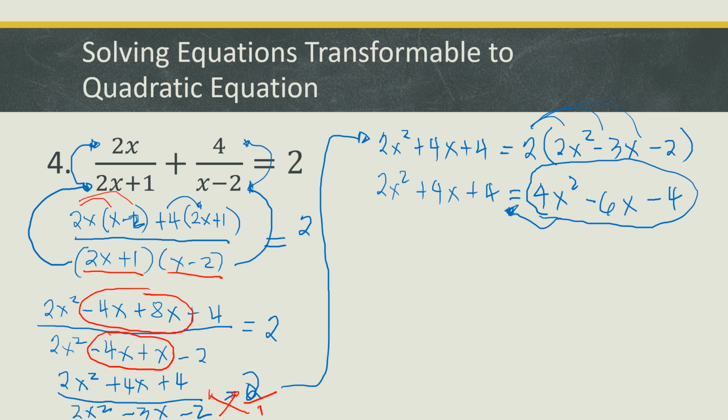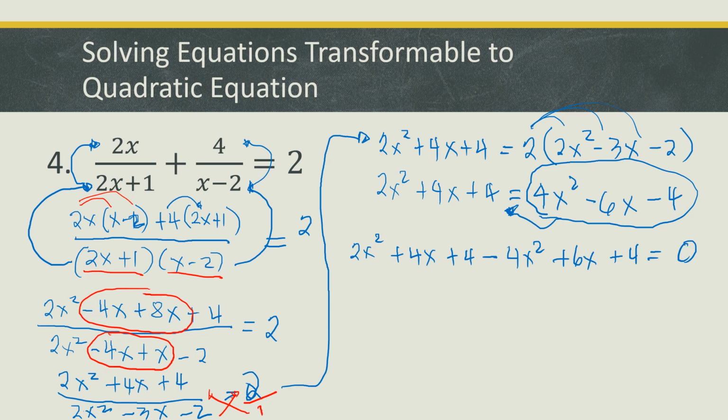Change the sign. We have 2x squared plus 4x plus 4 minus 4x squared plus 6x plus 4 is equal to 0 by changing the signs.